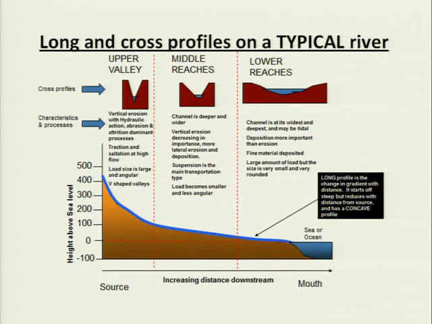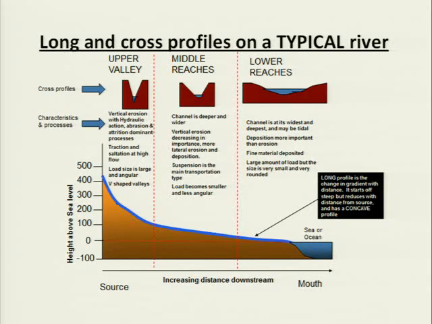You guys see, the gradient is steep, because that is where the river has its water from. That is usually in the mountains. When we go to the middle part, you will see the gradient becomes less, so it is not as steep anymore. And then when we go to the bottom part, you will see it is still less steep, and then it is becoming more even.